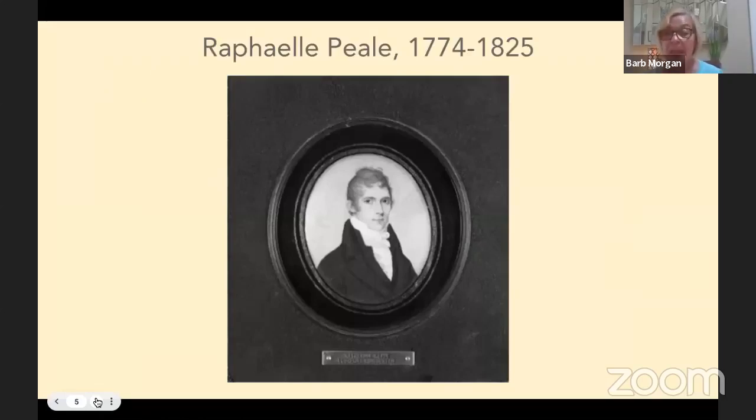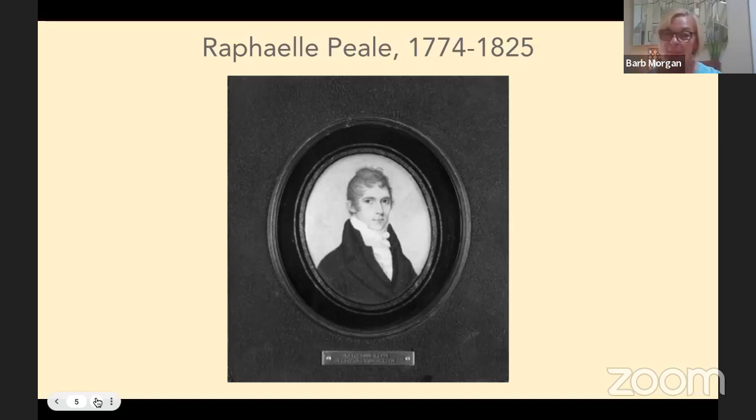So moving on, a little bit about his life now. This painting of him was actually done by his father, Charles Wilson Peale. He and his brother, James Peale, were the father and the uncle of Raphaelle. What is interesting about this artistically prone family is that Charles named his children after famous, mostly artists.